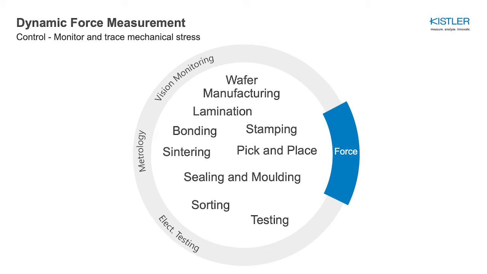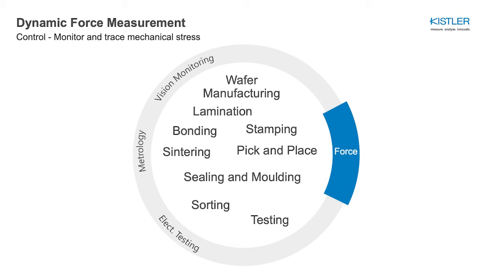In all these applications, force measurement helps to address mechanical stress issues like warpage, parallelism, tool wear, material change behavior, and malfunction. Conventional metrology, like vision monitoring, is in many applications not enough to make issues visible.